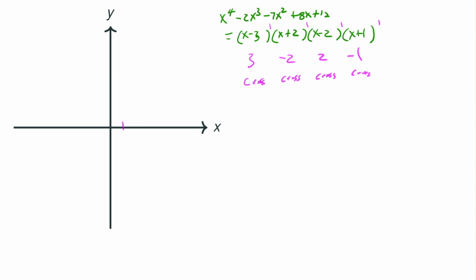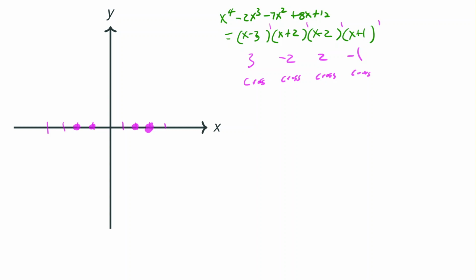So let me mark this here. 1, 2, 3. 2, 3, 4. So we have 3, 2, -1, and -2. It crosses at 4 x-intercepts. And we need to find more information.